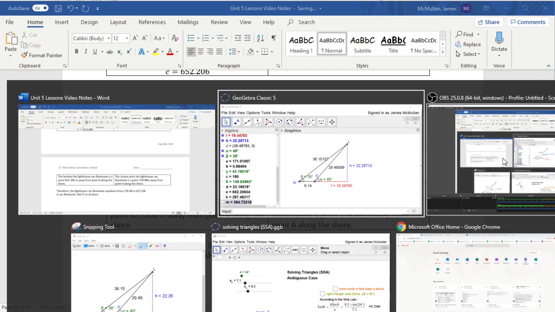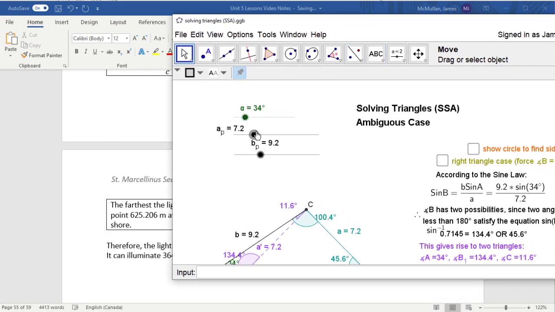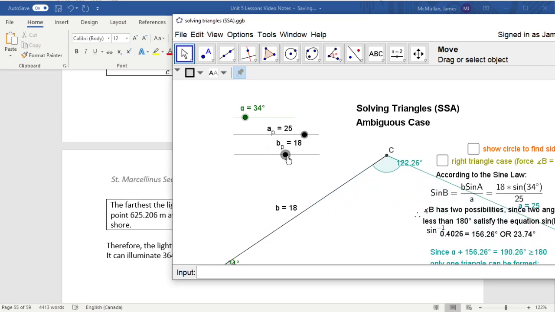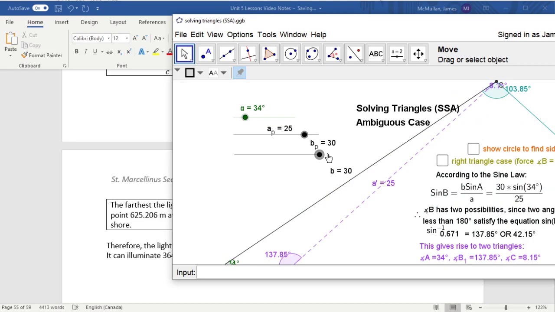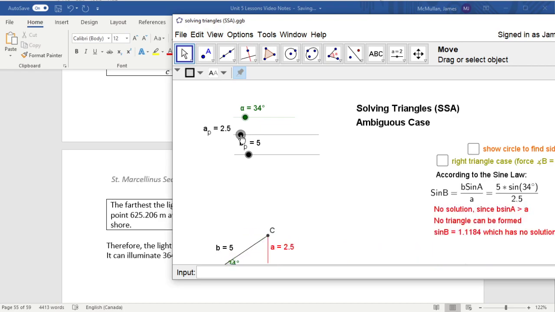Let's use my GeoGebra app to do the diagram. Okay, so of course I can't use 250, so I'm just going to use 25. So we'll just factor it all down by a factor of 10. We know that the beacon was 50 units away. Oh, I see, it actually can't. Okay, so we're going to have to factor it down by 100. So let's use 5 and 2.5. Okay. Now we know that the angle was 20 degrees.